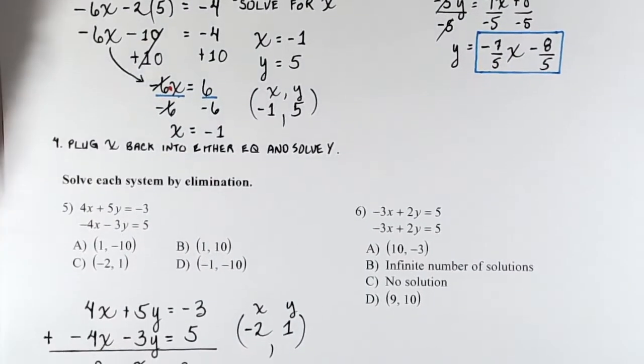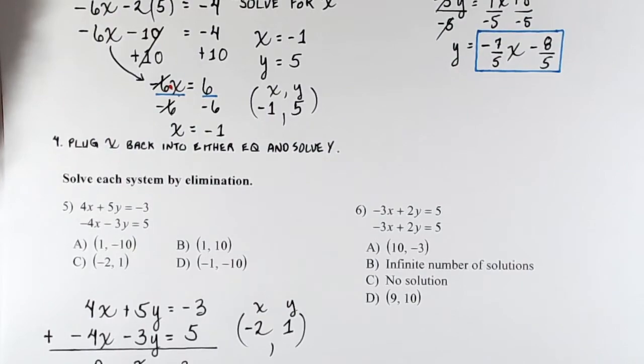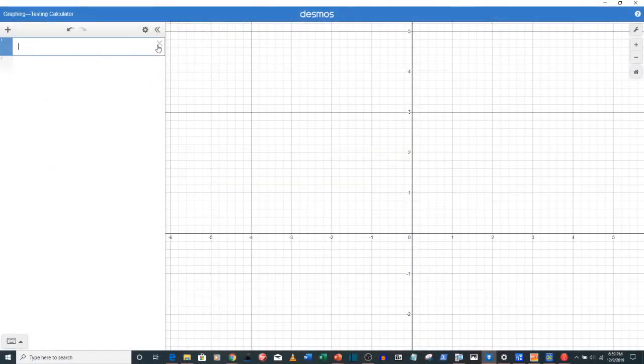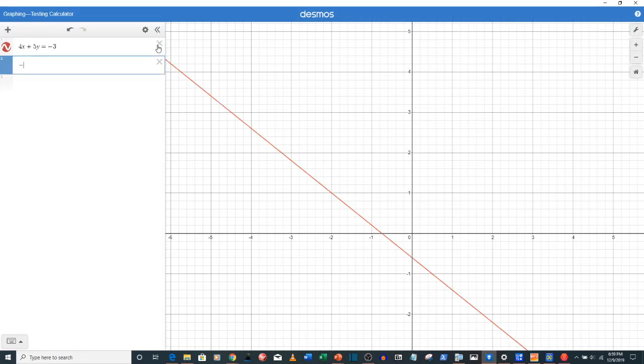We can check it in Desmos. Let's go put in 4x plus 5y equals negative 3. And negative 4x minus 3y equals 5. Where do they cross? At negative 2 comma 1.